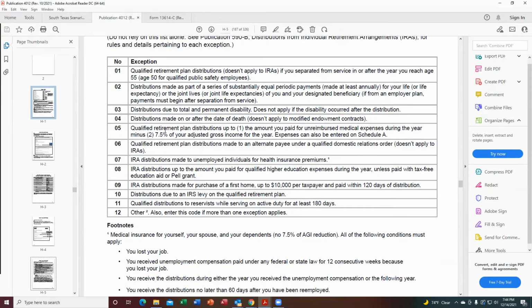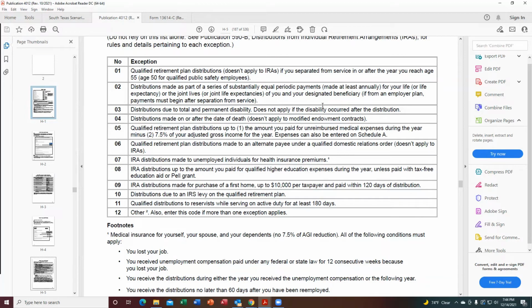Right in here, regarding number 5, qualified retirement plan distribution: the amount you pay for unreimbursed medical expenses during the year. And again, he's not doing Schedule A, so we're gonna use that exemption so that he doesn't have to pay the 10% that will be assessed for the early distribution.